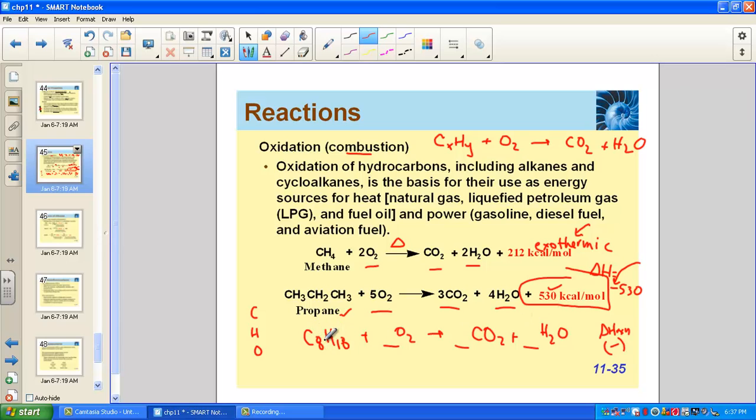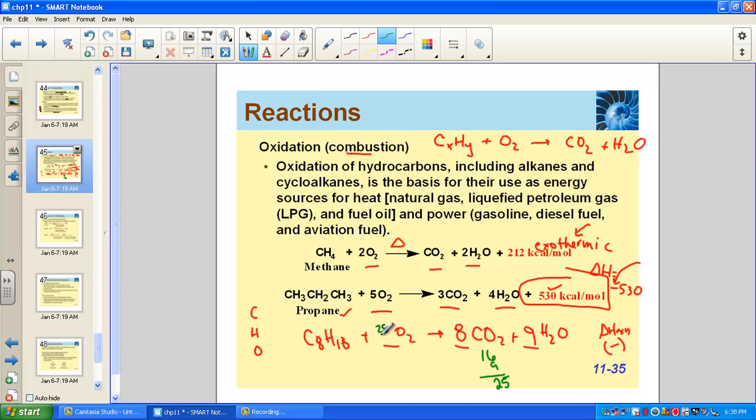Back to this example, when we balance this equation, I'll start with my carbons, balancing those first. Then I move to my hydrogens, balancing those next. 18 H's, 8 carbons, and I'm doing this on purpose to remember our old adage of double the odd number problem, because right now I have 16 O's coming from the CO2, 9 coming from the water, giving me a remainder here of 25 for the total value of oxygens.